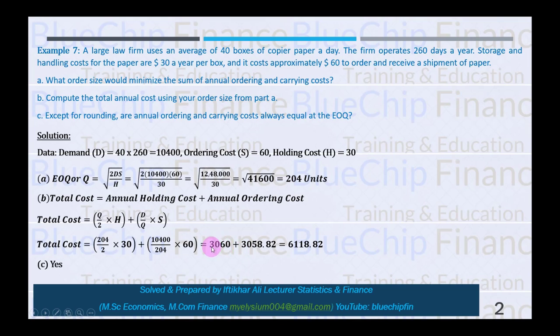In all previous questions you should have noticed that annual ordering cost and annual holding cost at EOQ level are the same. So we can say that except for rounding, annual ordering and annual carrying costs are always equal at the EOQ.